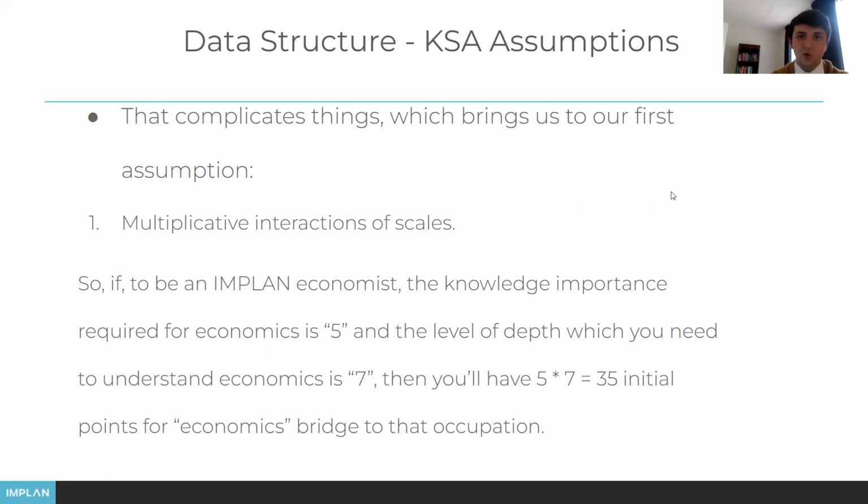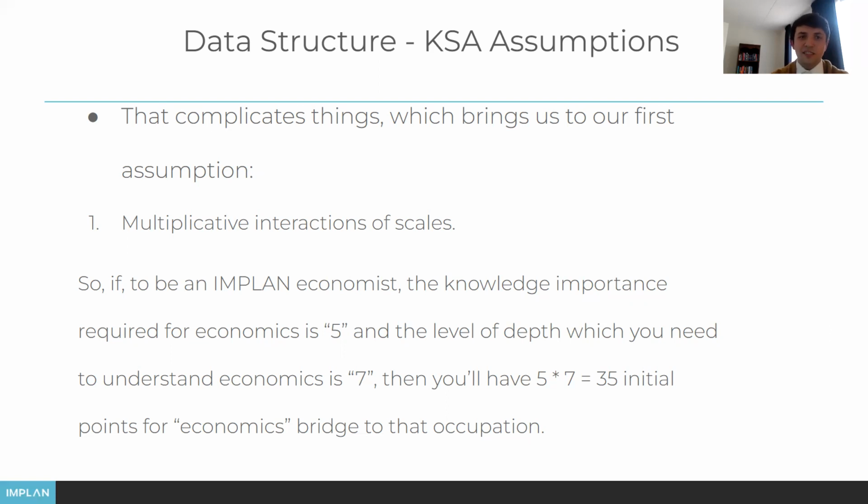So let's say that in order to be an IMPLAN economist, the knowledge importance required for economics is 5, and the level for economics is 7. We would convert that to an initial system of points by taking 5 multiplied by 7 to get 35 points for economics. Then we would bridge that 35 points to that occupation. Now, that only represents one of our knowledge components, and there are quite a few.